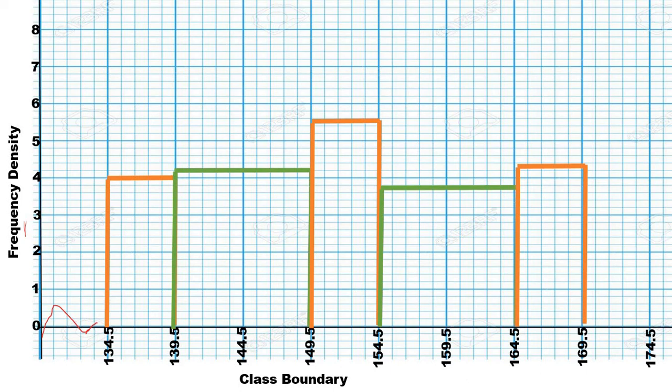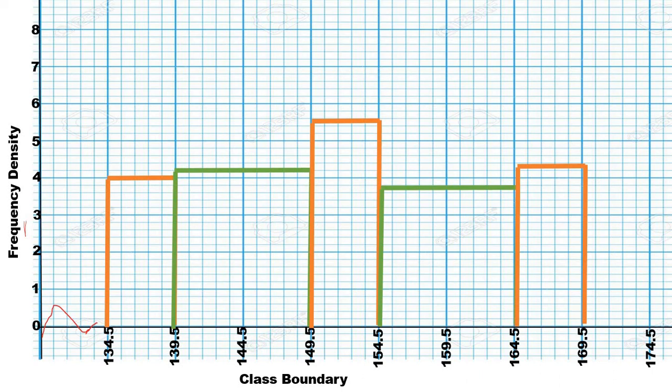Now to get the estimated mode for the distribution, we look for the bar with the highest height. The bar with the highest height is this bar, from the boundary 149.5 to 154.5.